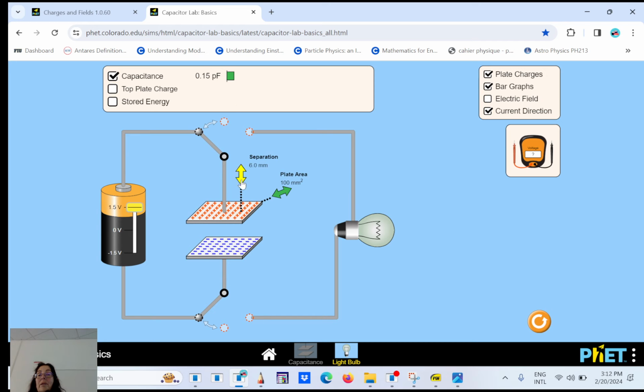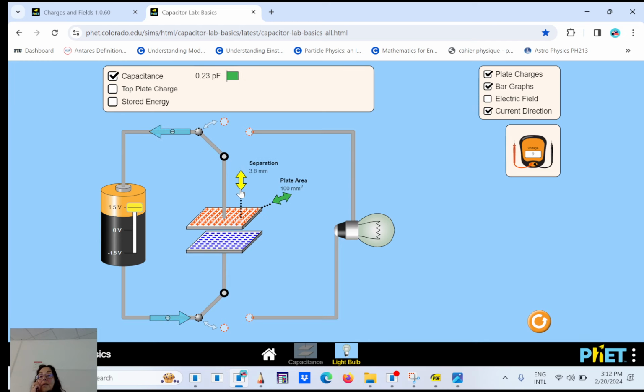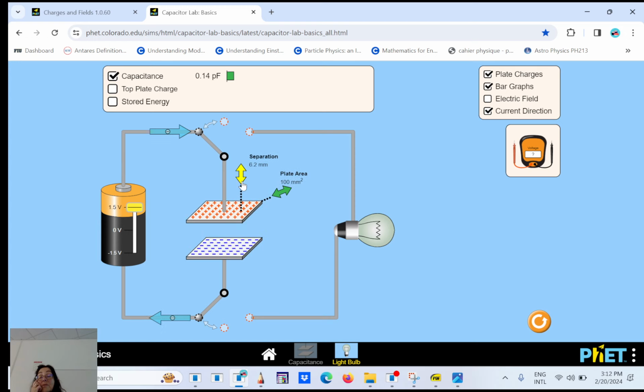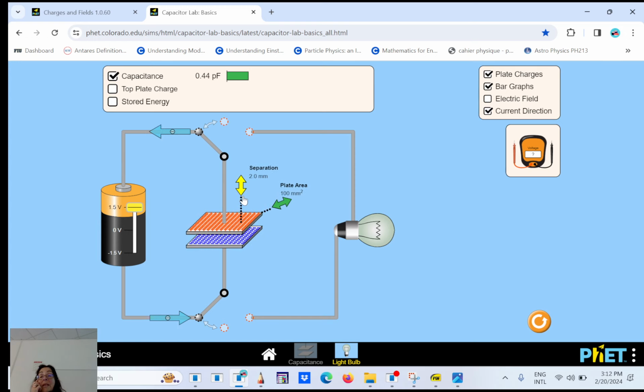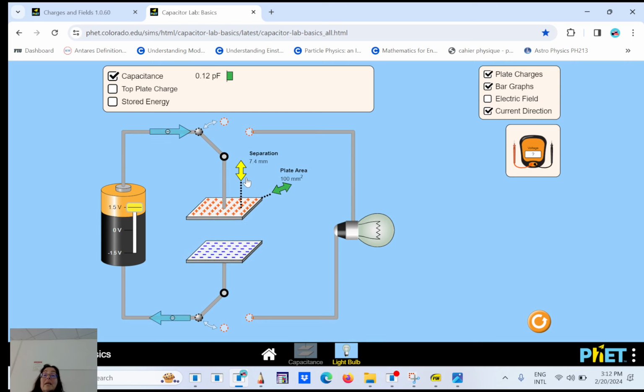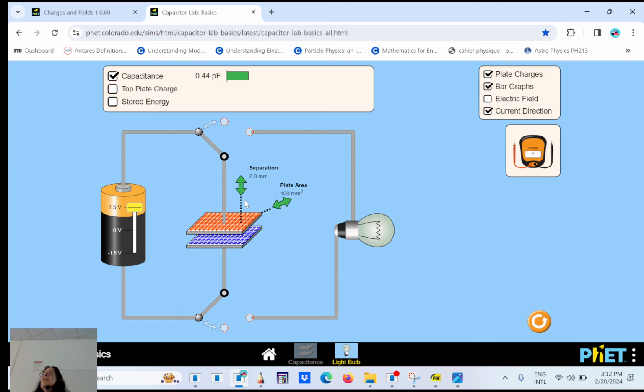Now, what's going to happen if I change the distance between the plates? It's kind of counterintuitive, but not so much. If you decrease the distance between the plates, what's happening to the number of charge? Increasing. Why? It's like you are increasing the motivation.